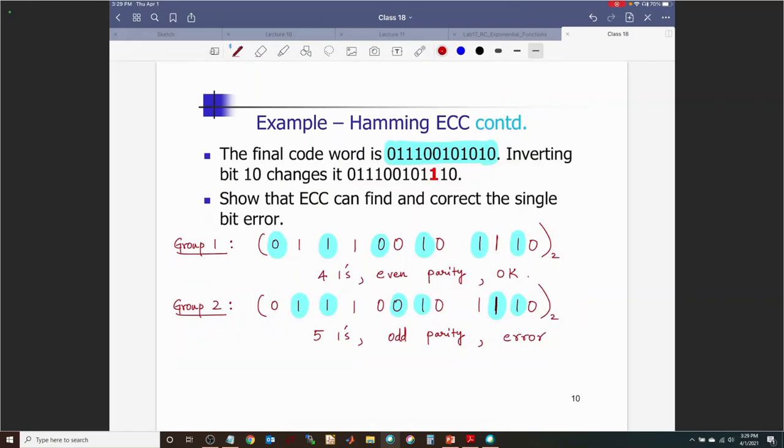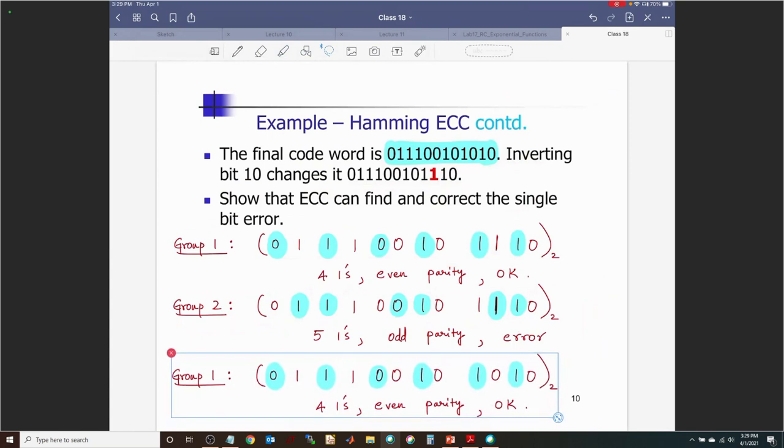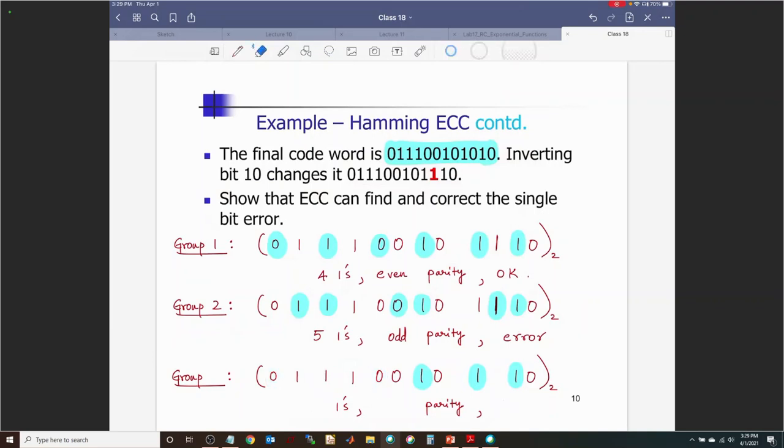All right. Next, we need group number 4. But I also need to change that. I need to highlight things differently. Position 4 becomes a 1 because of that.